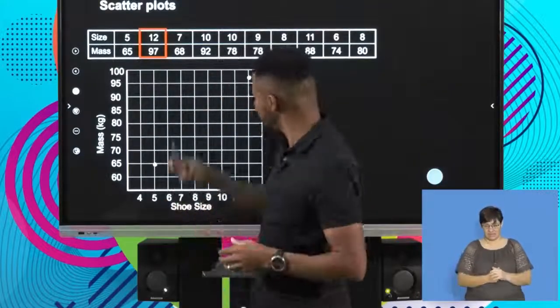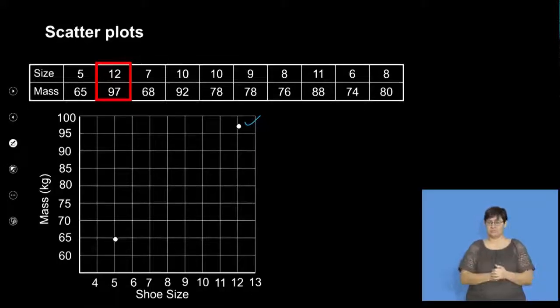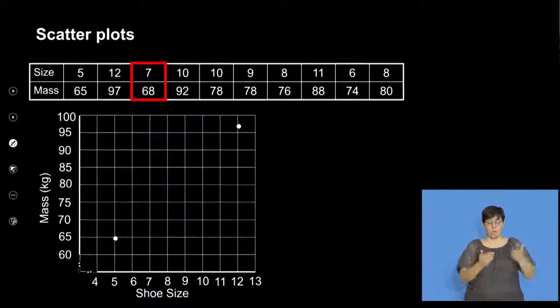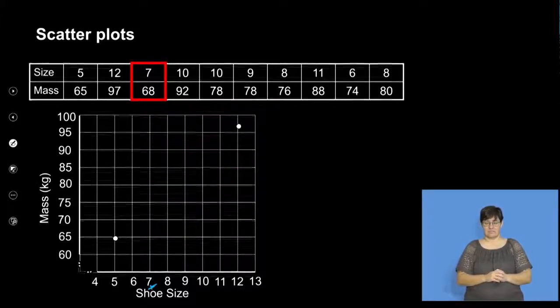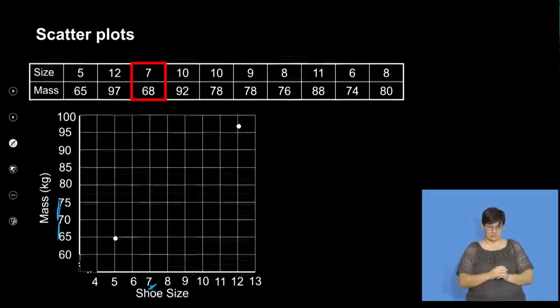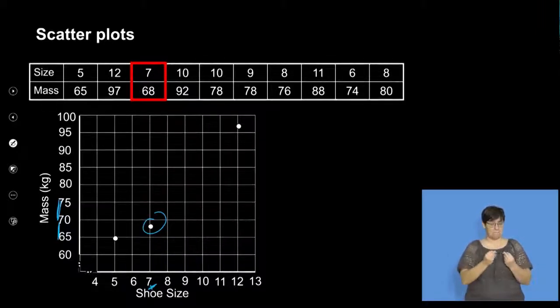Let's look at the third point. Shoe size is 7 and mass 68. 68 is between 65 and 70. Let's see what we get. There's the point there. We have 3 points now on our scatter plot.